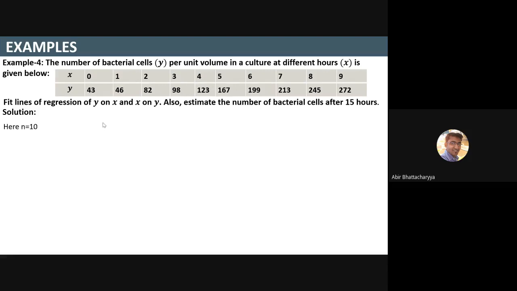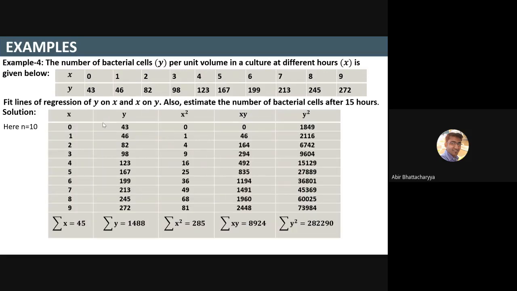Let's go for it. So first, n equals 10. You can easily identify n equals 10, and according to that, you have to construct the table. The table means x values, y values, x square, xy, and y square. You know how to calculate each of these, right? x square means you square each term: 0 square, 1 square, 2 square, 3 square, like that. xy means you multiply x and y.